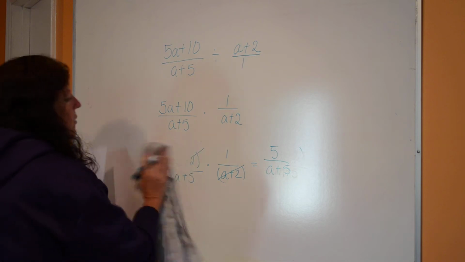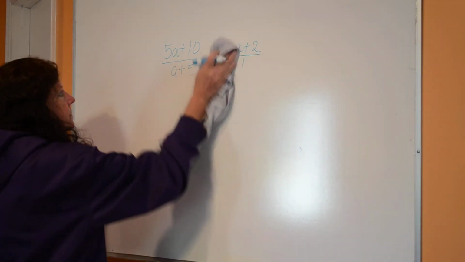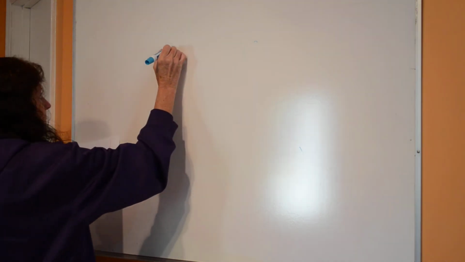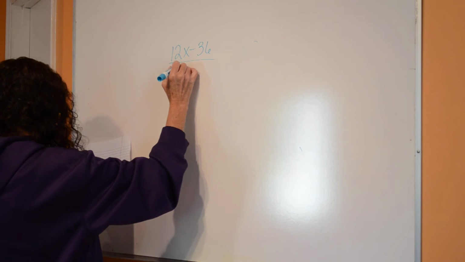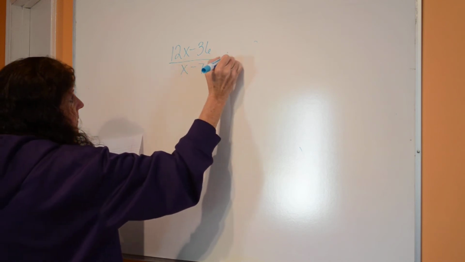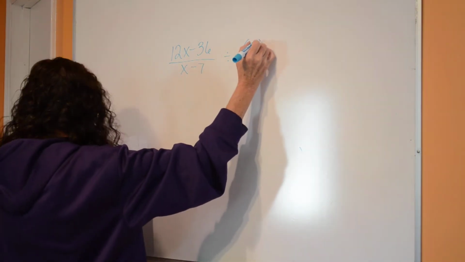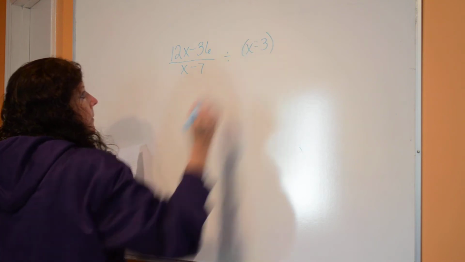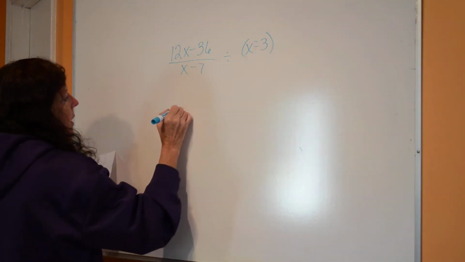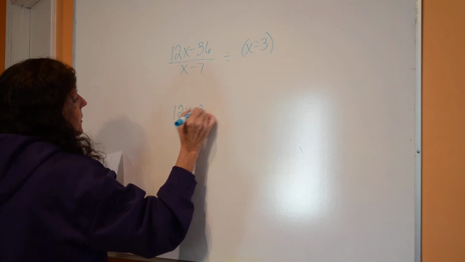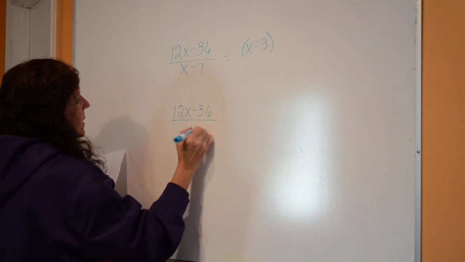All right, you try one of these. Go ahead and try it and then come back. All right, I'm going to bring everything down so that I can flip the second and multiply.